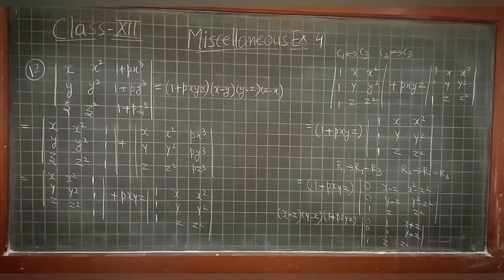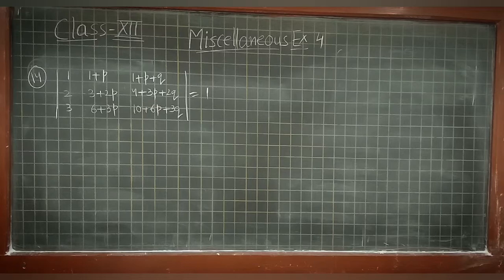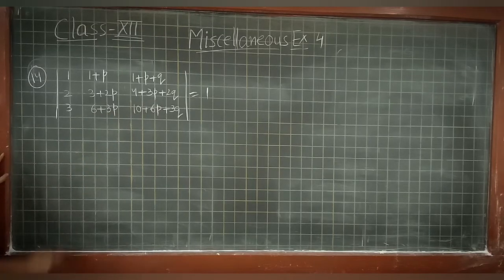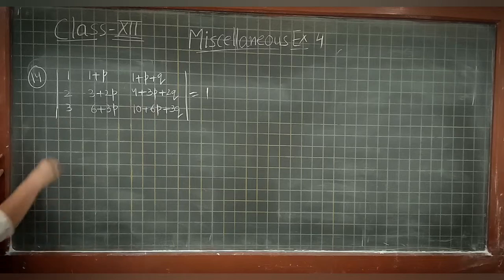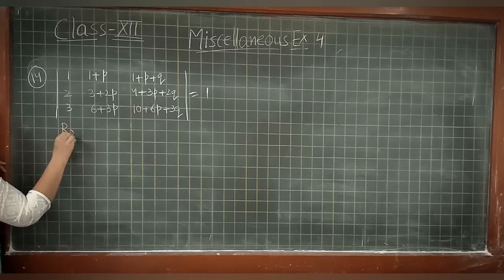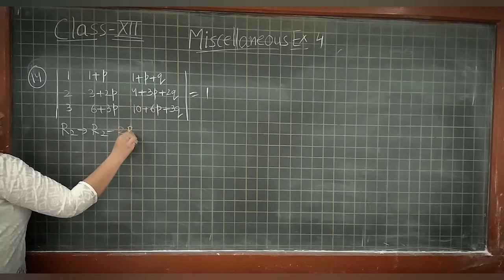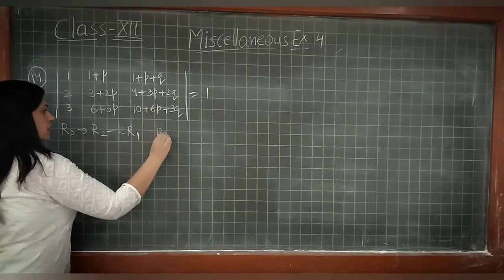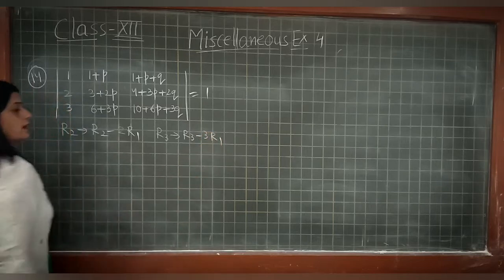Now computation. R2 to R2 minus 2 R1 to get 1 0 here, and also R3 to R3 minus 3 R1.